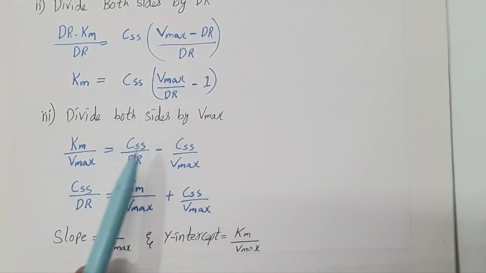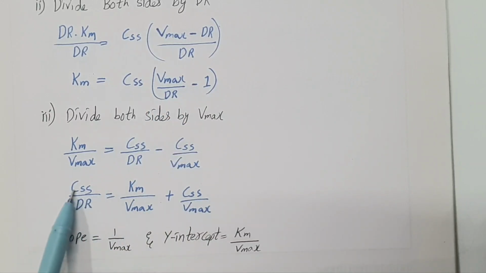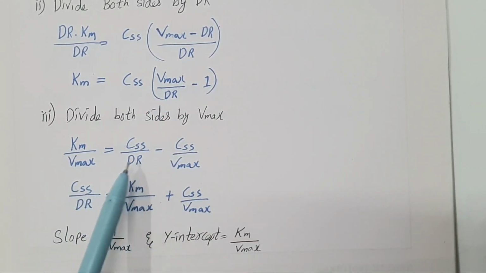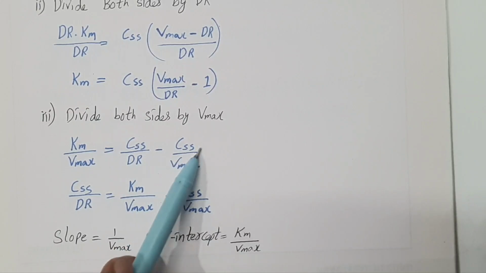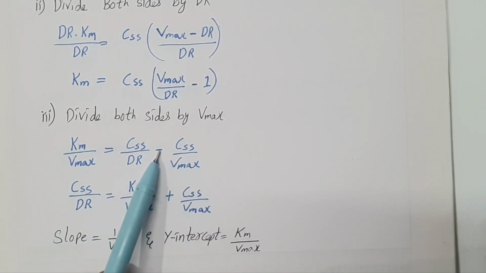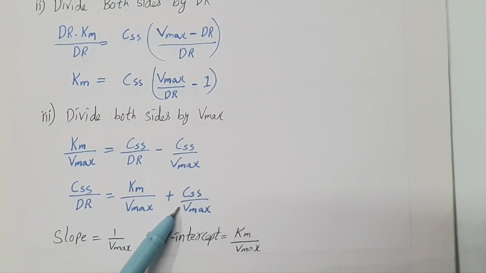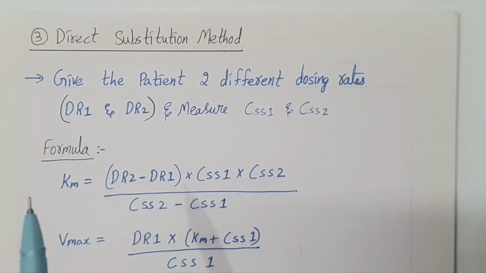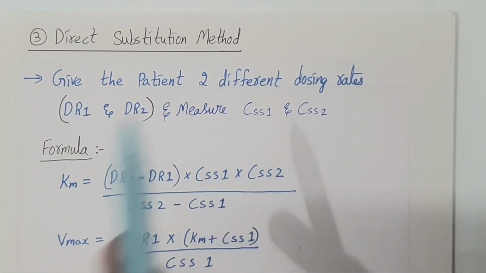Then we rearrange this equation. The Css divided by Vmax term goes to the other hand side, where it becomes plus. Now this is in the form of y equals mx plus c. So our slope will be 1 by Vmax and y-intercept will be Km divided by Vmax.